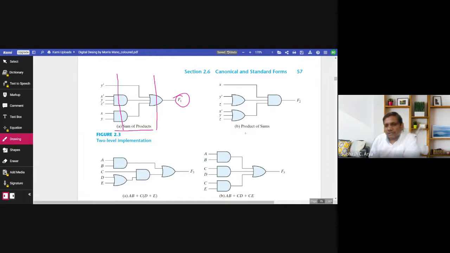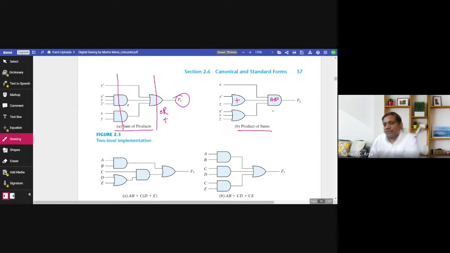And there's the other function, product of sum. Here at the output we use an OR gate, whereas in sum of product the OR expresses the sum and the AND expresses the product. In product of sum, AND gates express the product term and OR gates express the sum.